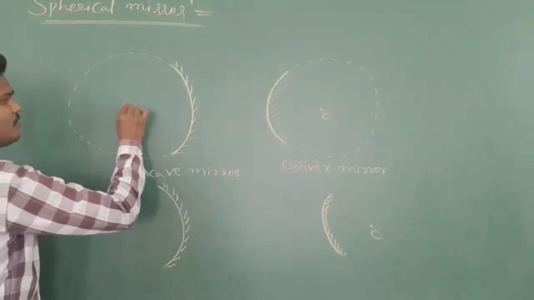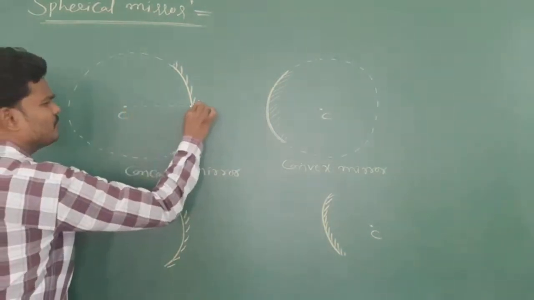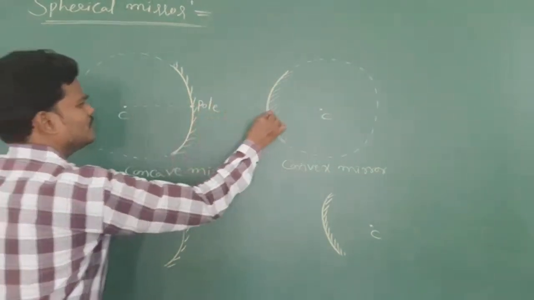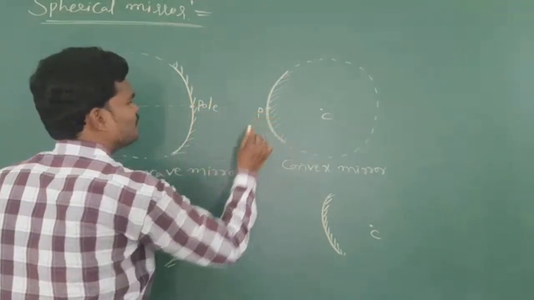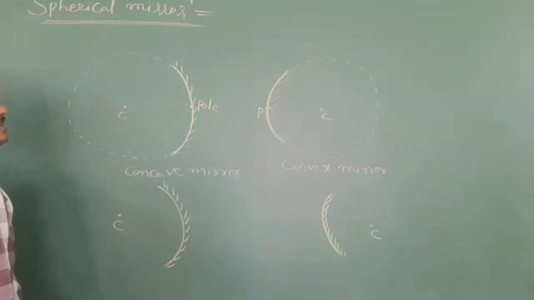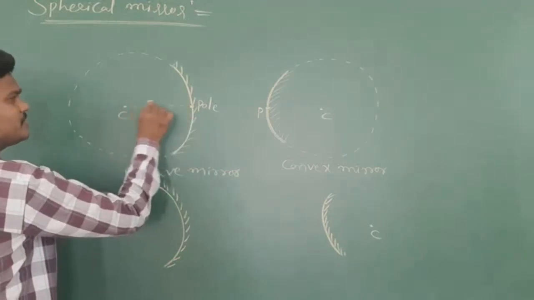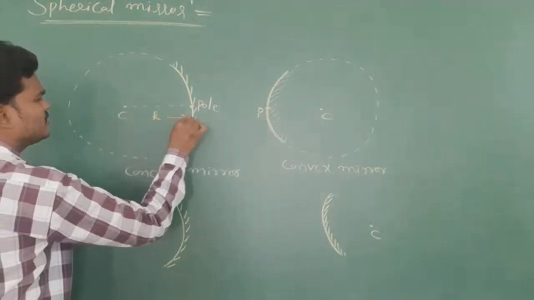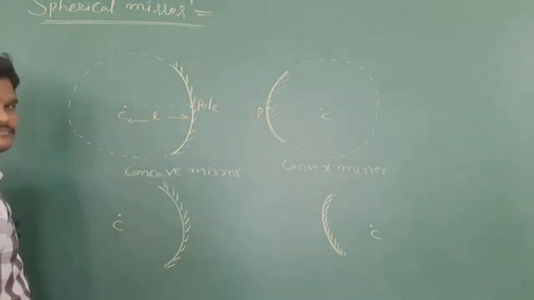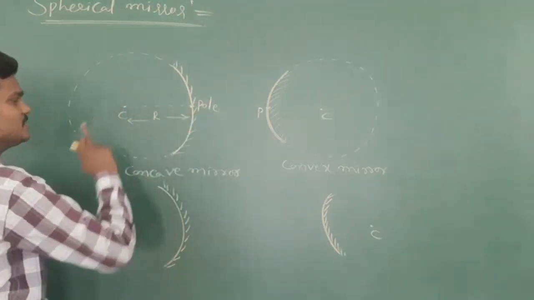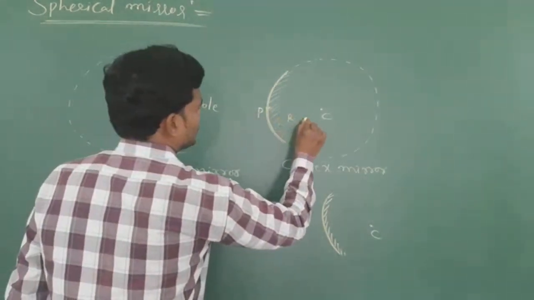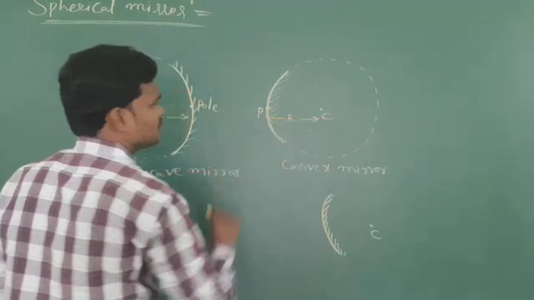The midpoint of the mirror we can call the pole. So this is also the pole. The distance between the center of curvature and the pole we call the radius of curvature.